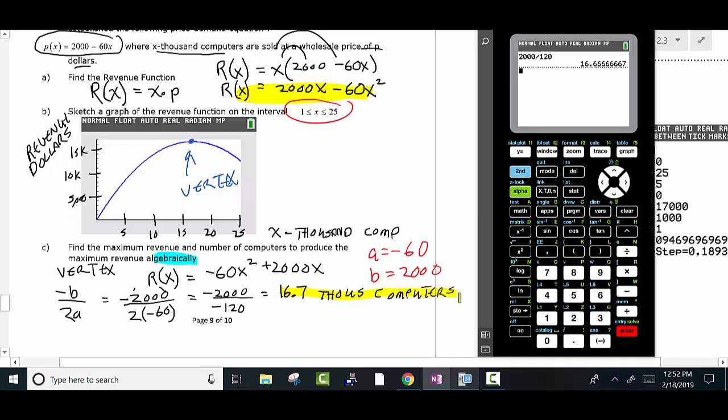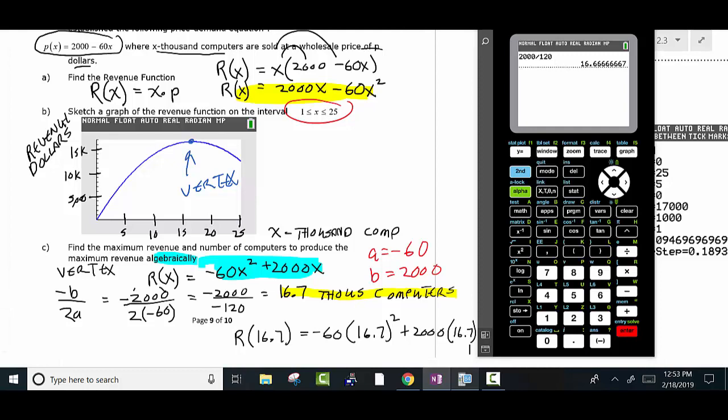Now, the way you find the maximum revenue is you just take the revenue function and plug in 16.7. The revenue function is this thing right here, the thing I'm highlighting in blue. So you would just do negative 60 times 16.7 squared plus 2,000 times 16.7.